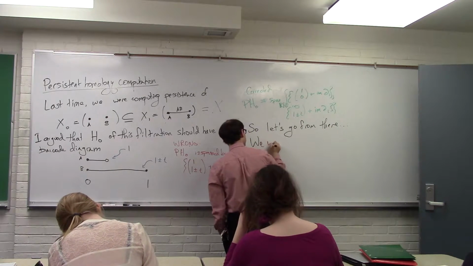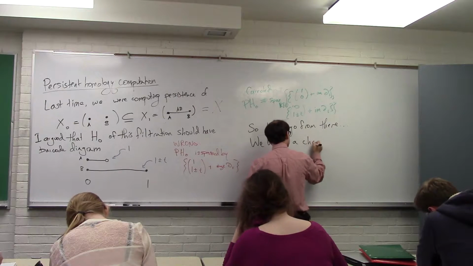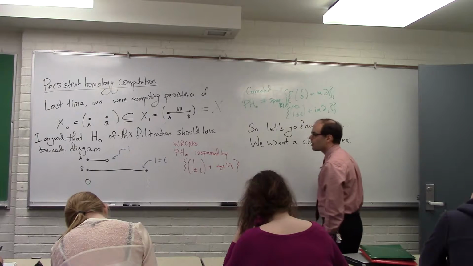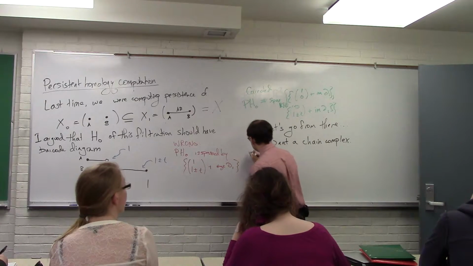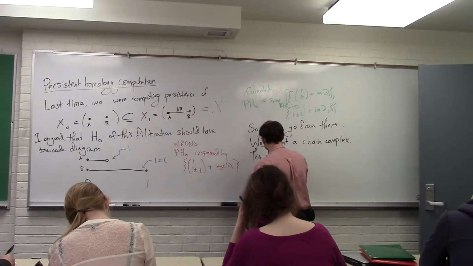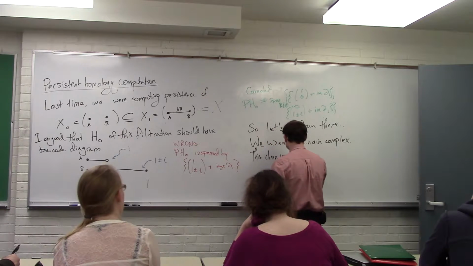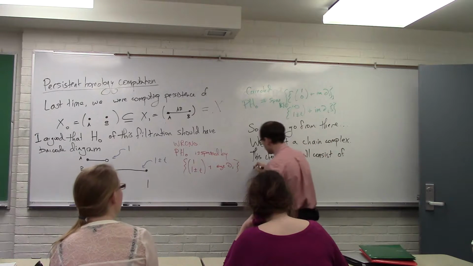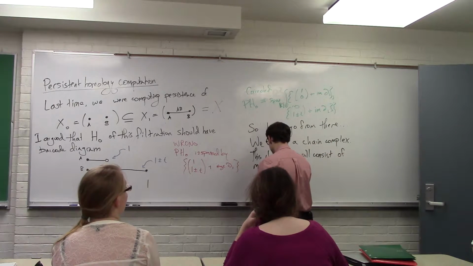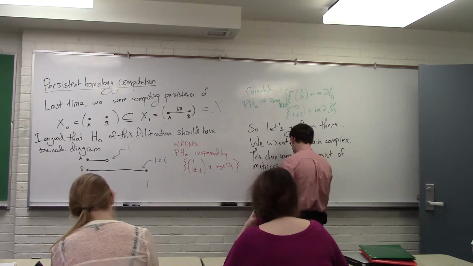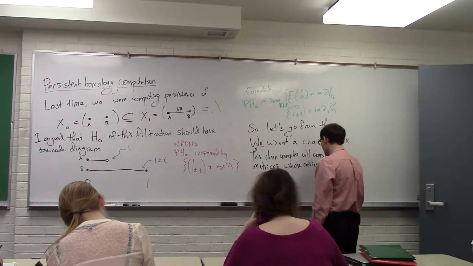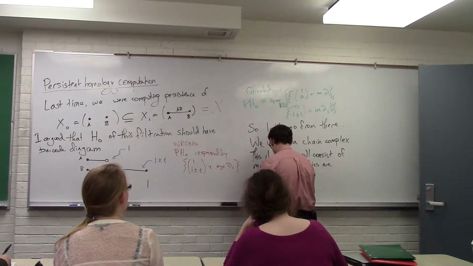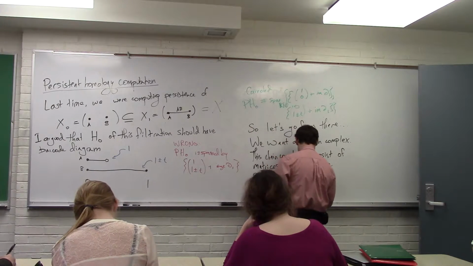Point is, we want a chain complex. This chain complex will, however, consist of matrices whose entries are polynomials in t.